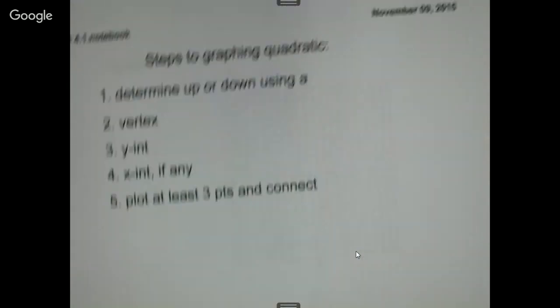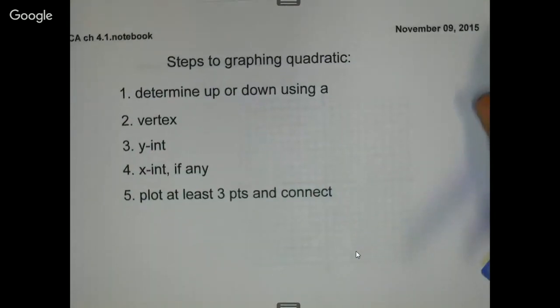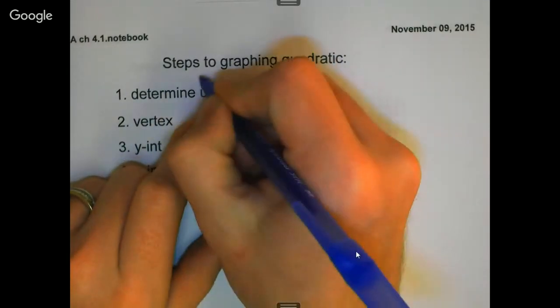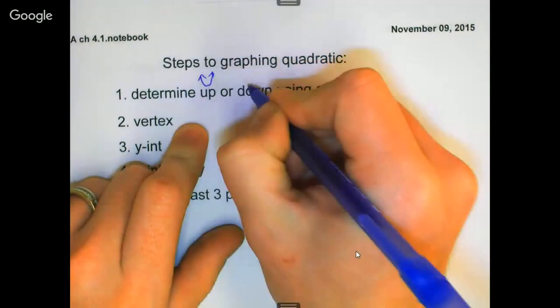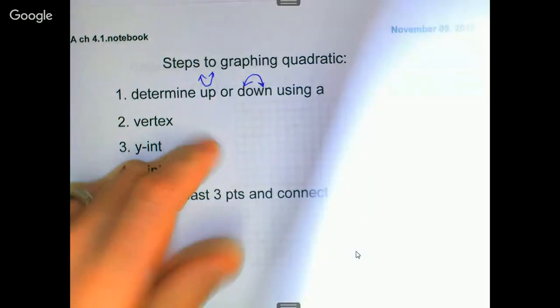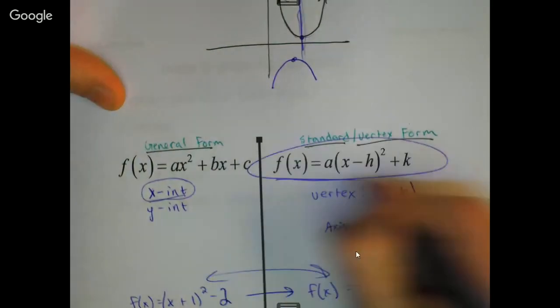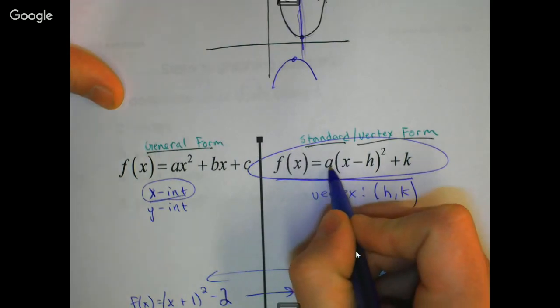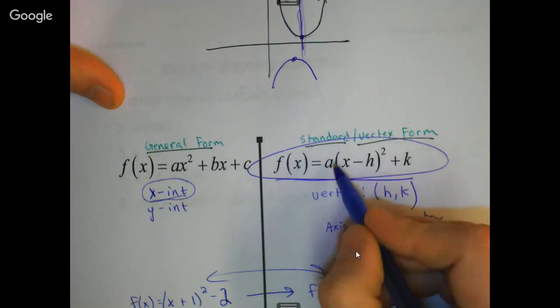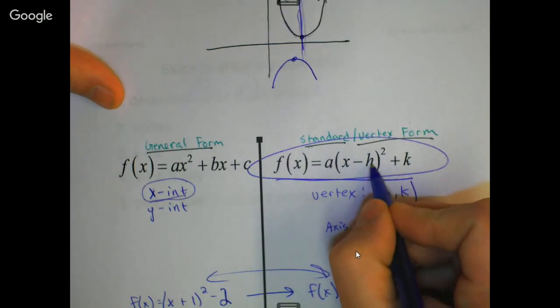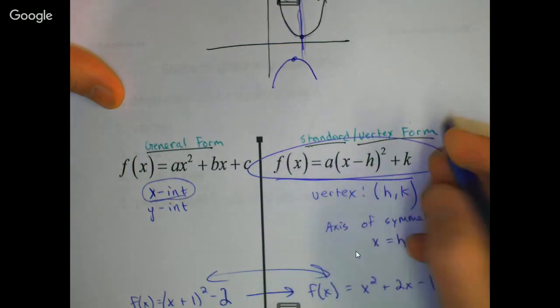So, steps to graphing a quadratic. Number one, determine if it is opening up, which looks like that, or opening down, using a. If you notice here, this is the bus song: a is a vertical stretch or compression, negative a flips it upside down, h goes left and right, k goes up and down.